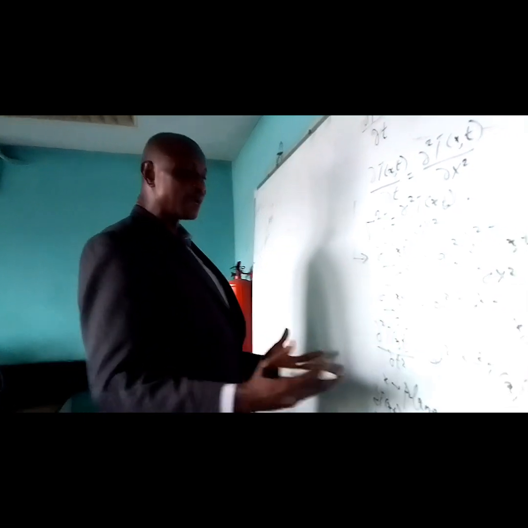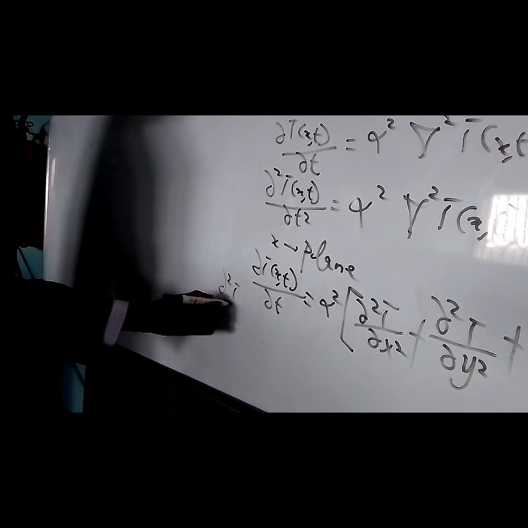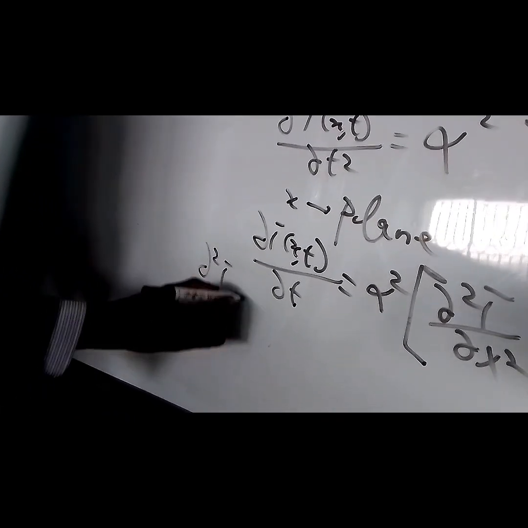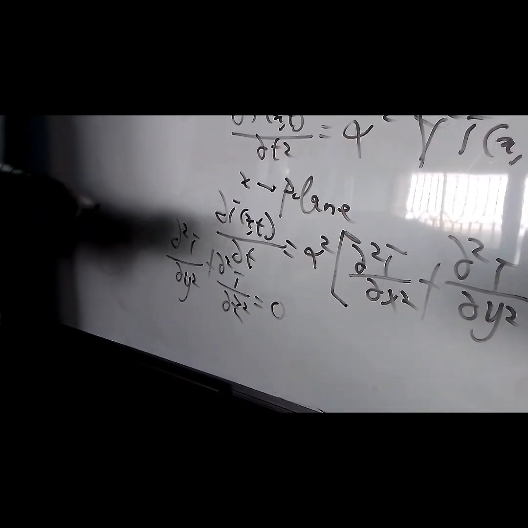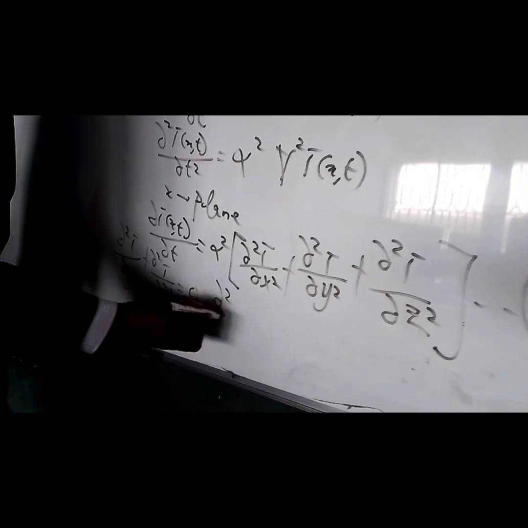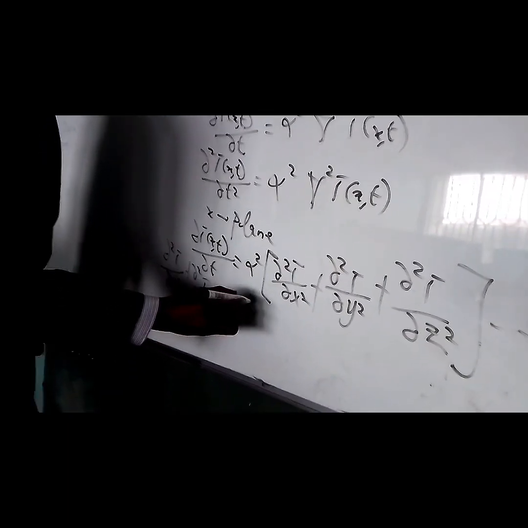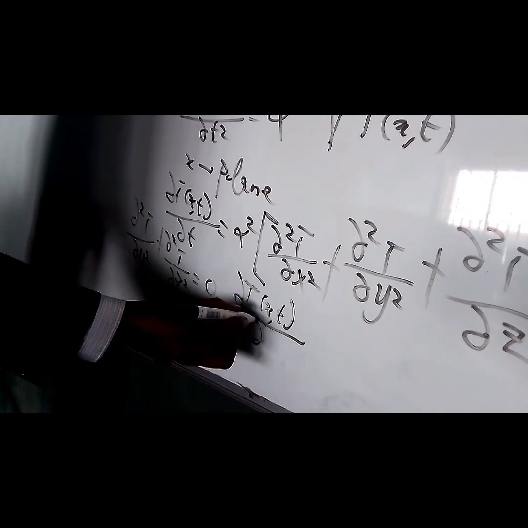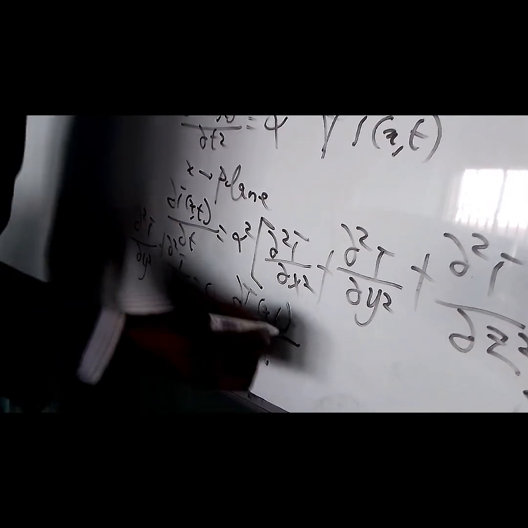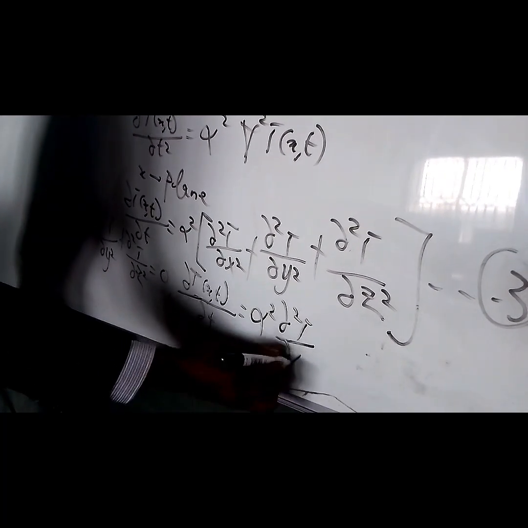Oftentimes, the one-dimensional plane system is what is applied in engineering. That is to say, where partial squared T over partial y squared plus partial squared T over partial z squared is equal to 0. When it is equal to 0, the general relationship gives partial T of x comma t with respect to the time domain equal to alpha squared partial squared T over partial x squared.